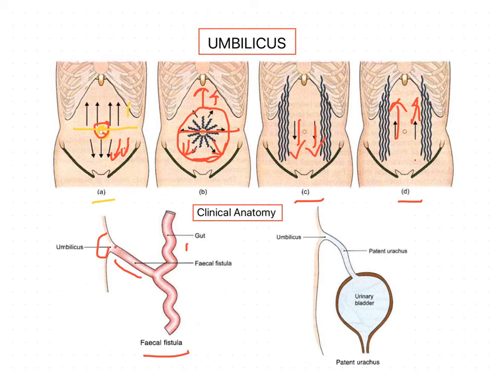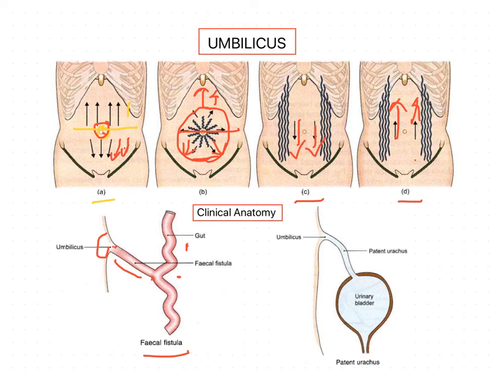So this is the gut. Gut is nothing but the digestive system. So there is a connection between the digestive system, normally the small intestine or it may be the large intestine. A fistula is present, a connection from the umbilicus to this gut.